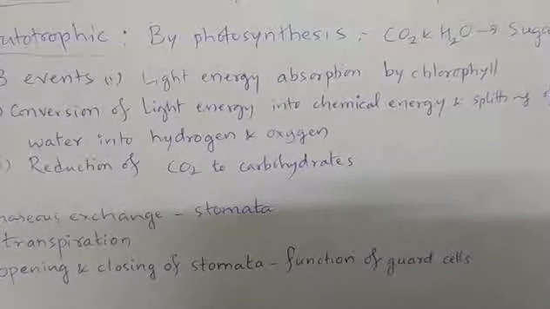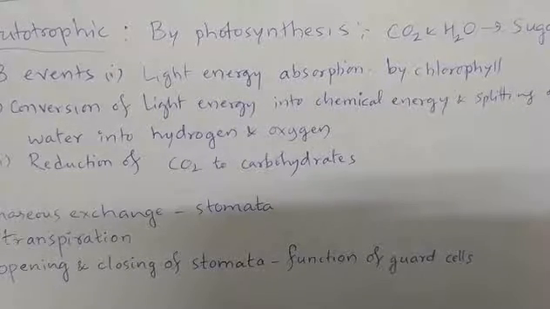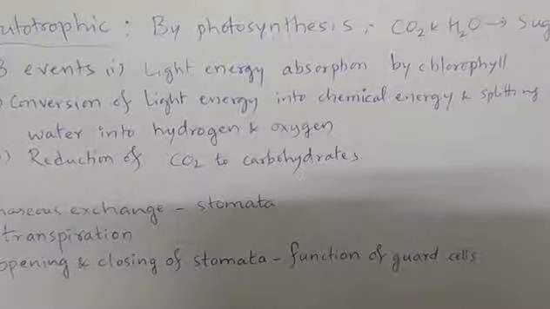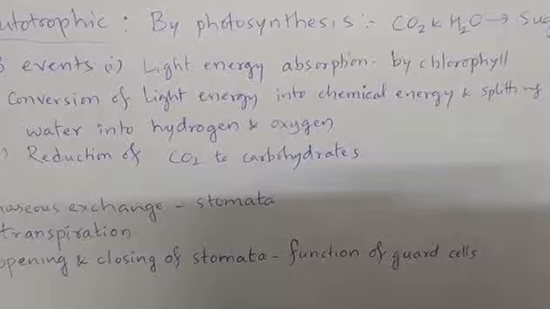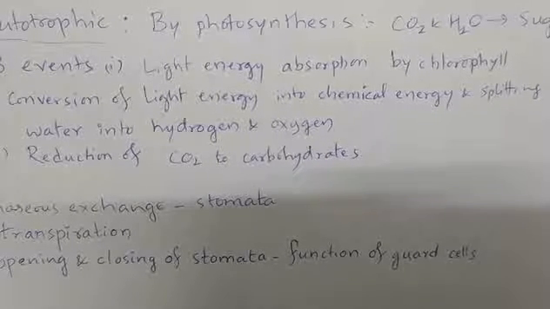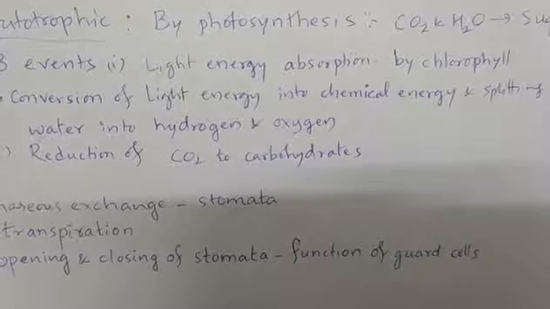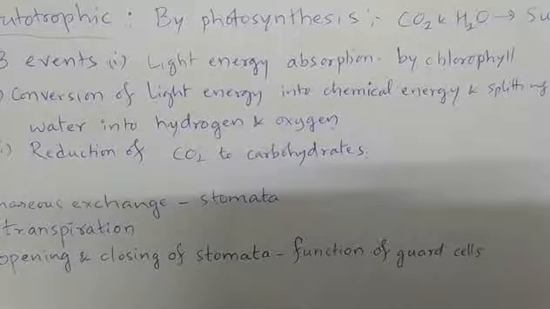If stomata have to allow gaseous exchange or transpiration, they must be kept in opened condition. Opening and closing of stomata is a function of guard cells of stomata. In stomata, two types of cells are there, guard cells and companion cells.